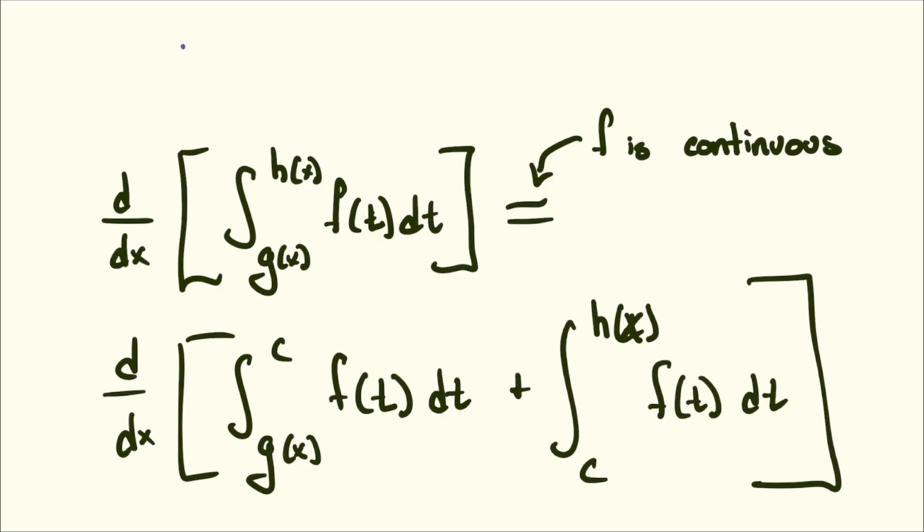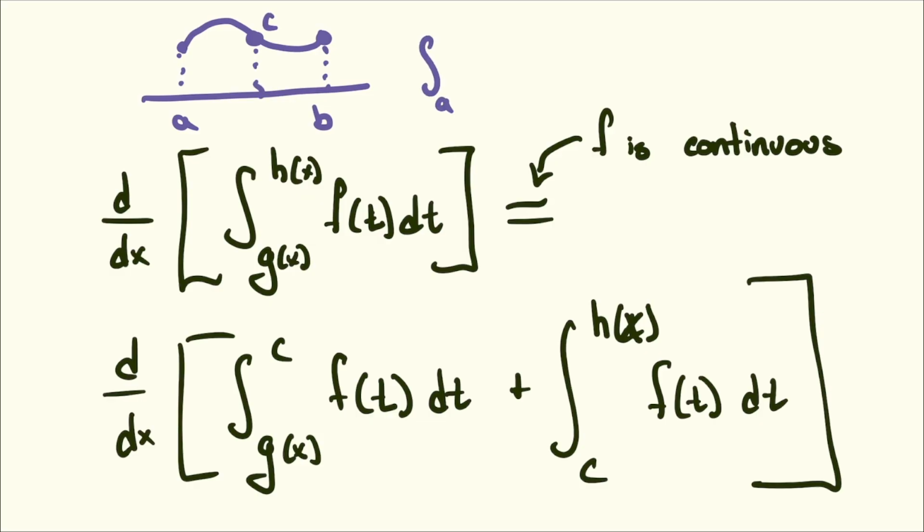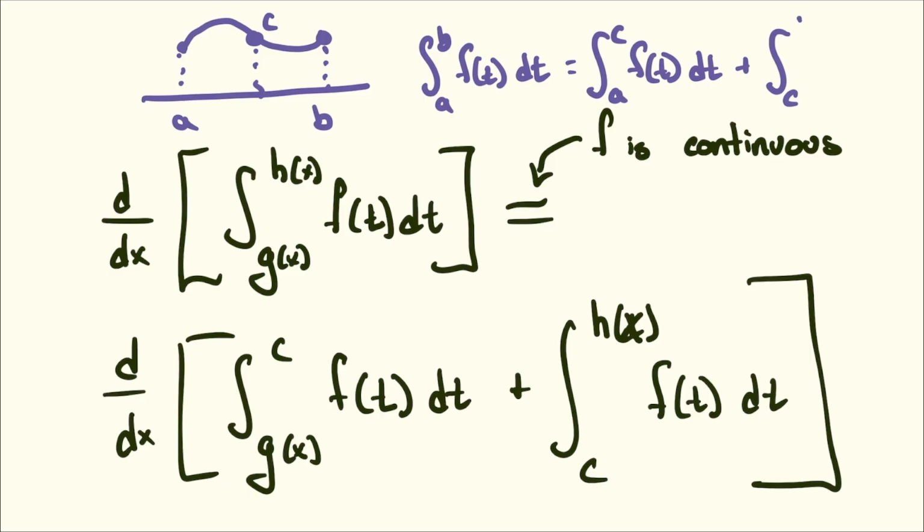And just as a reminder, if we have a function that's continuous, let's say we are going from A to point B, we can find a point C, and our integral from A to B can be broken up between the two. And this is going to make our lives a lot better. So that is going to be the property that we're using here, and we are using this because f is continuous, so it allows us to do that.